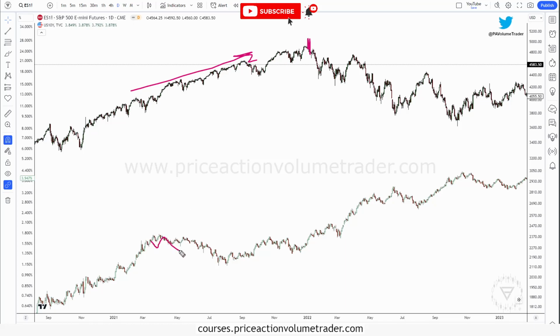Bonds spent the period mostly sideways. And then right here, once we had the top in the S&P starting 2022, we had a bear market all through 2022 in equities, whereas the bonds had a nice rally during that period. So in general, the stock indices are going to be bullish when the bonds are going to be negative.